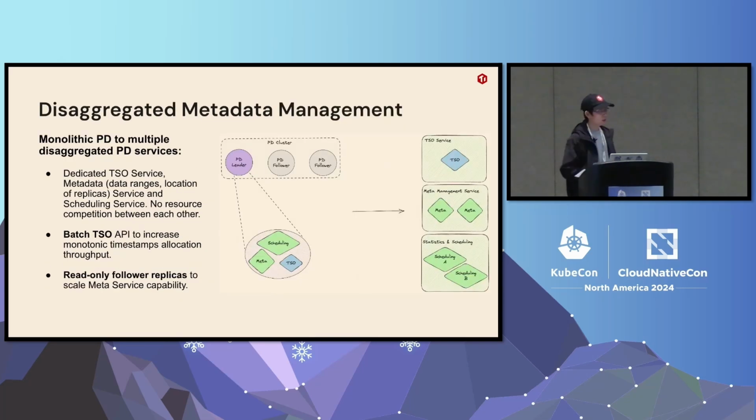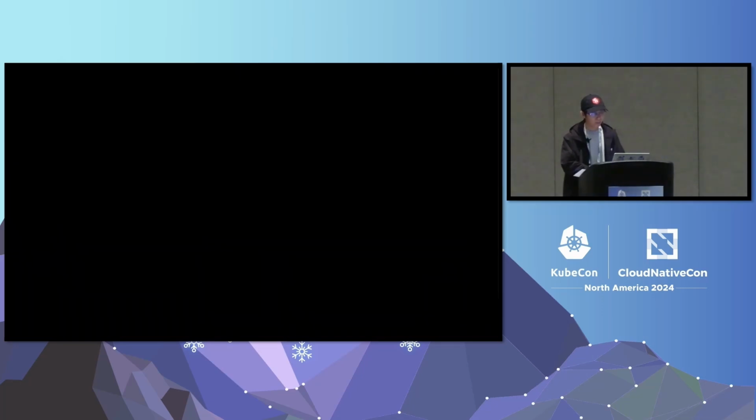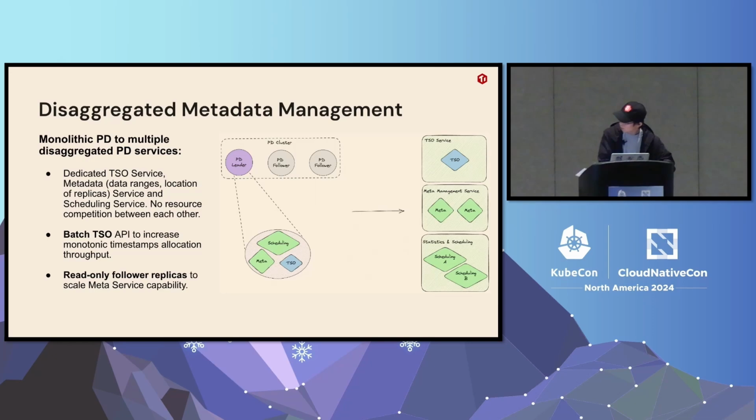So the first scalability issue we met is how we can make the metadata center scalable. We did some optimizations, like making the PD's followers also serve requests.